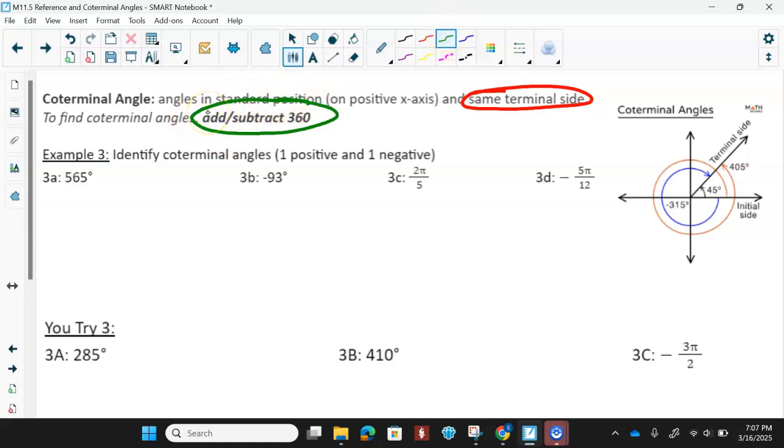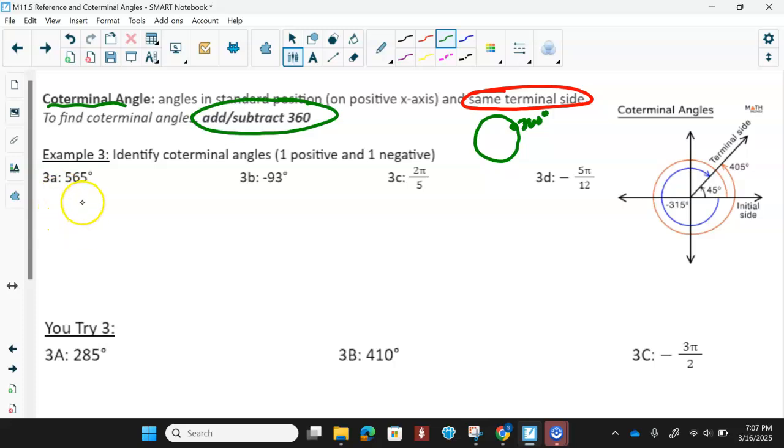If you think about it, to create a full circle, which returns to my starting point, to create that same point again, you create a full circle, which is 360 degrees. So notice if I had a 45-degree angle, I could add 360 to that, or I could subtract 360. So coterminal just means that we're adding or subtracting 360.